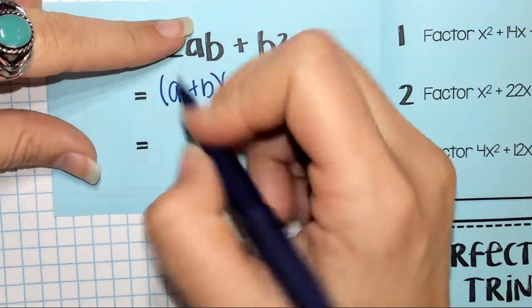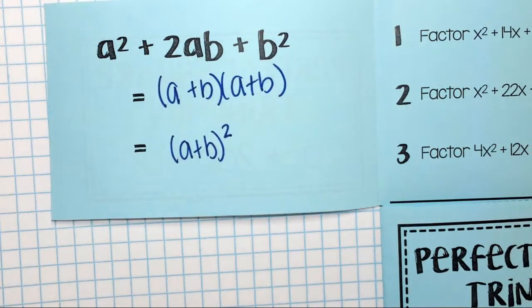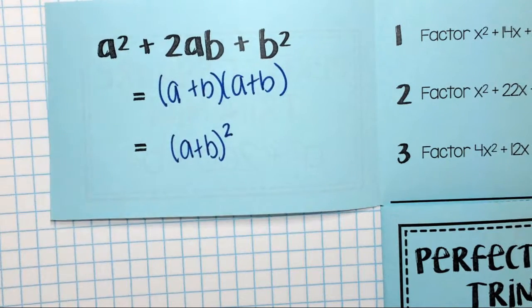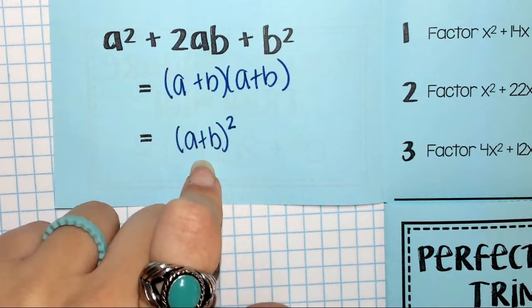Instead of writing it as two of them, you just have to write a plus b quantity squared. And you can even skip this step. So you just square root the first term, square root the last term, it becomes this.